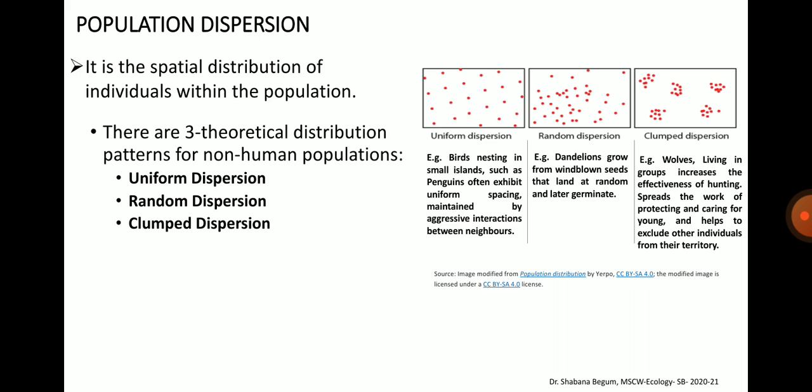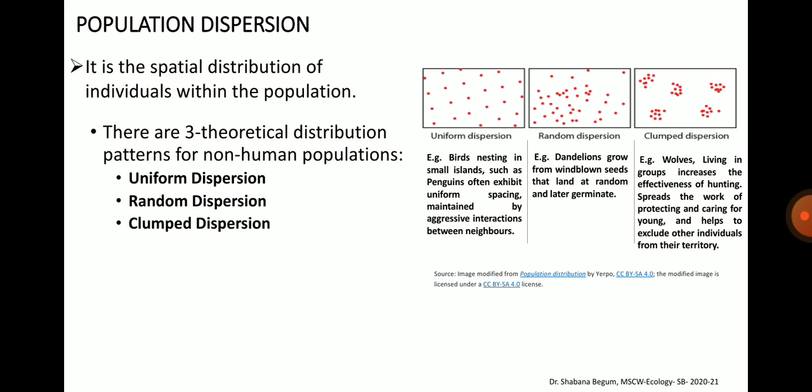The third type of dispersion pattern is called clumped dispersion. It is seen when the individuals are grouped together in one part of the area, with a lot of space between the groups. Such aggregations may result from social groupings such as family groups, or may be due to certain patches of the environment being more favorable for the population concerned.